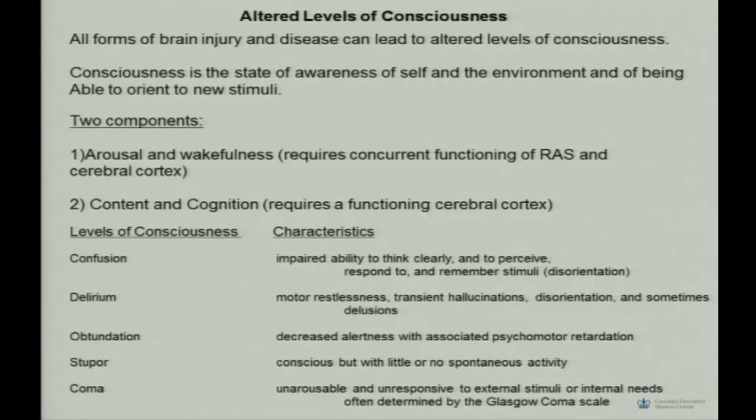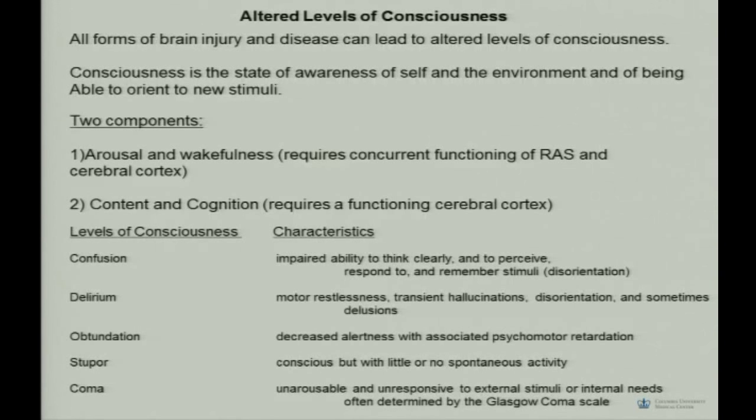So first we get confusion, then delirium, and confusion and delirium can manifest as someone acting out, right? So this can be a very active part of this progression to lower and lower levels of consciousness. Once we hit obtundation, things are starting to quiet down.